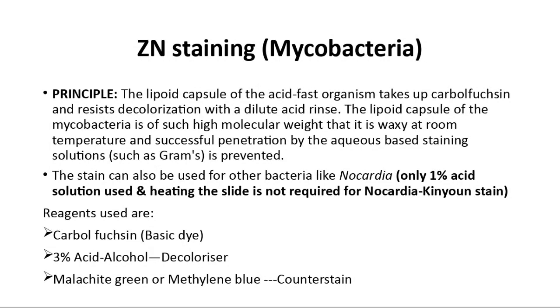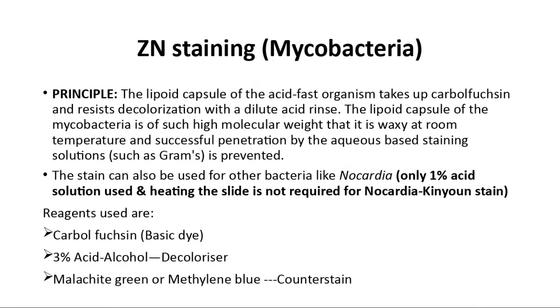Just remember that the Ziehl-Neelsen staining is also called acid-fast staining, and it is performed for Mycobacterium tuberculosis. Why? Because the cell wall of Mycobacterium tuberculosis has a huge coat of lipoid capsule around the cell wall, so it cannot allow the gram stain to enter inside the cell membrane.